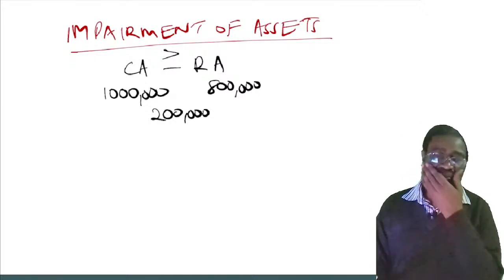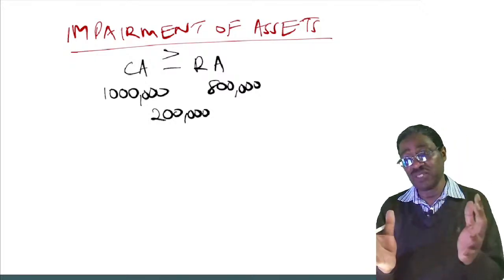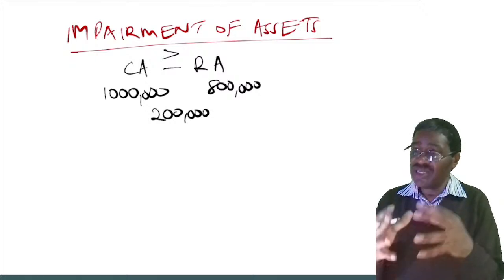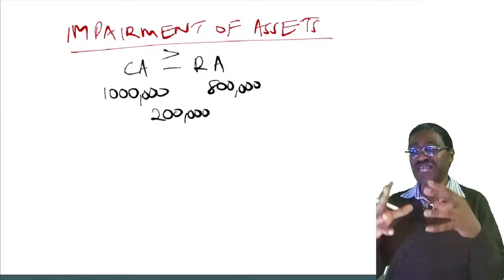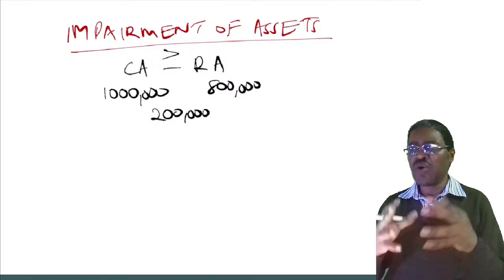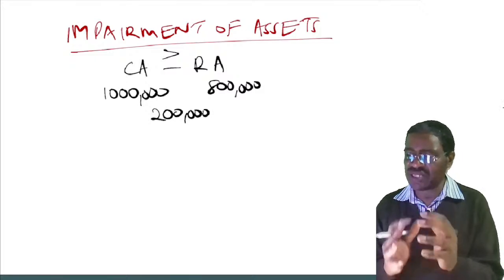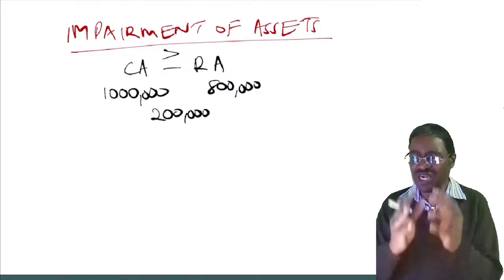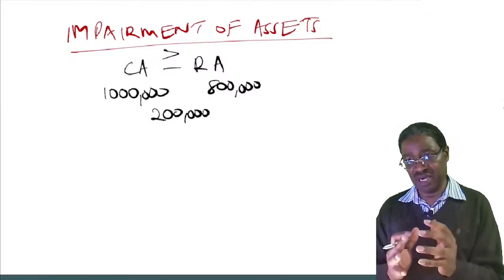But before that, the carrying amount of an asset is the amount at which an asset appears in the books. By the time you are testing for impairment, the net book value of the asset is what we are calling the carrying amount.